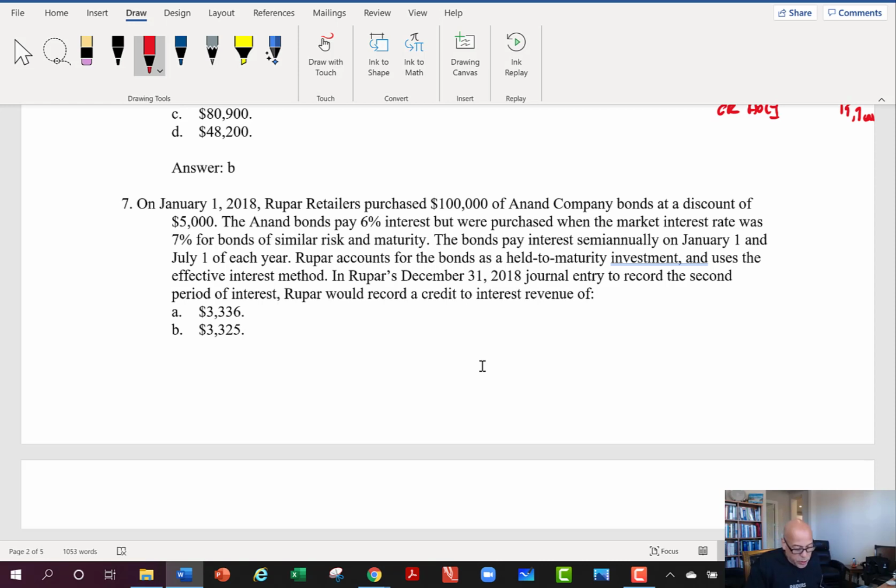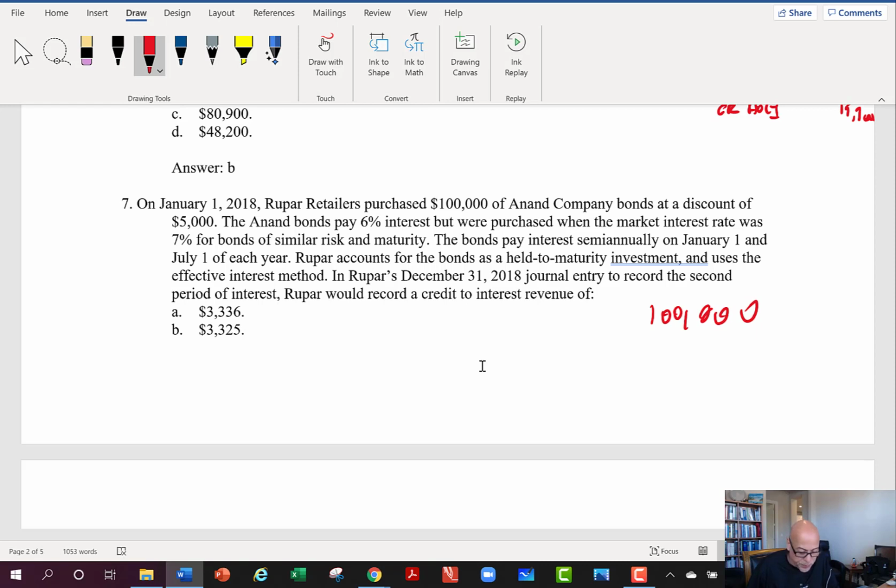Okay? All right, good. Number 7 here. On January 1st, 2018, Rupar Retailers purchased 100,000 of Anand Company bonds at a discount of 5,000. If it's a discount, remember from Chapter 14, seems like a long time ago now, right?